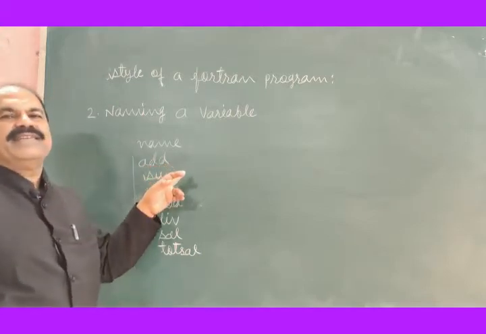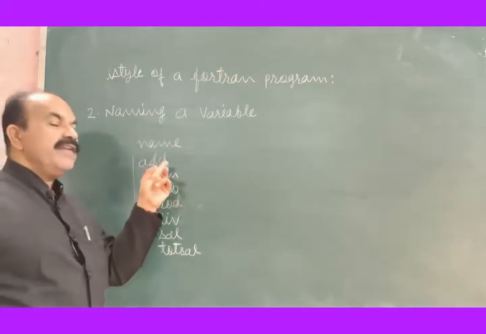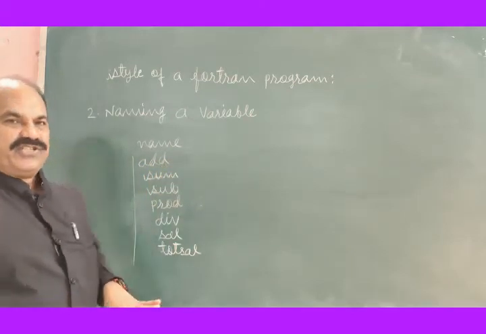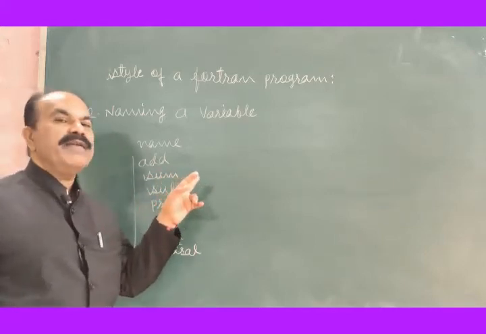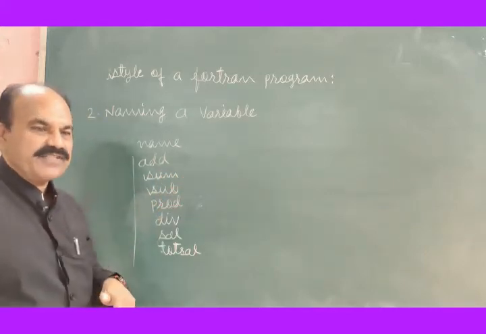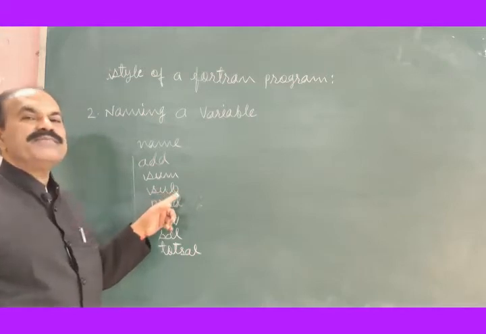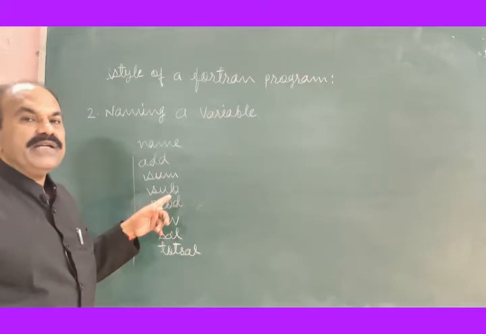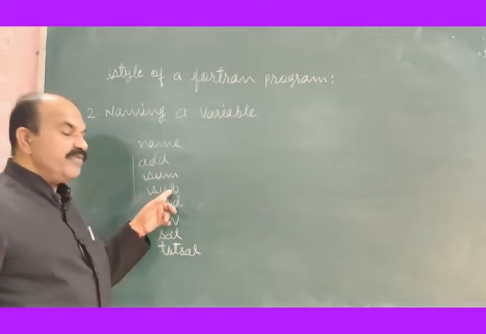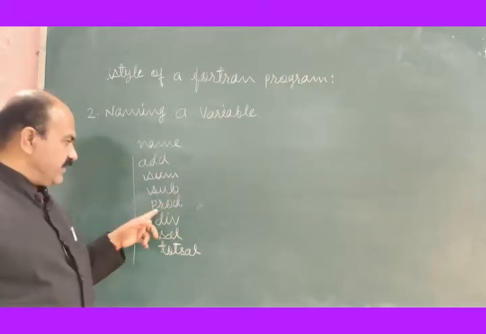Add. It means that this variable must be for addition. Sum. It means that this variable must be for summation. Sub. If we are doing numerical arithmetic, it should be for subtraction.